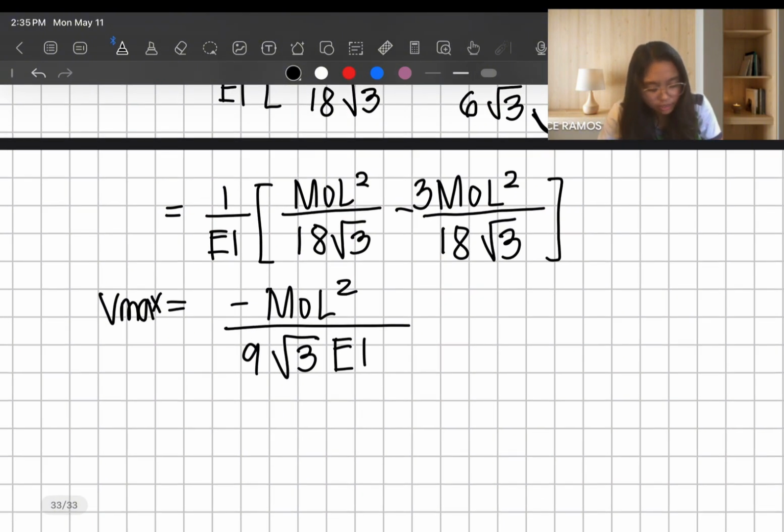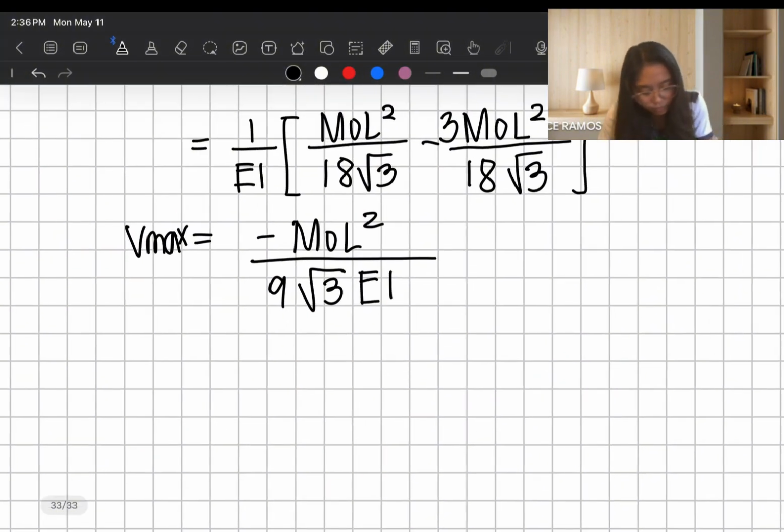So, kung mapapansin natin, yung ating maximum deflection is negative, meaning our beam is deflecting downward. So, in beam sign convention, kapag ang sagot natin is positive, meaning yung deflection is upward. So, kapag negative naman, the beam is deflecting downward.